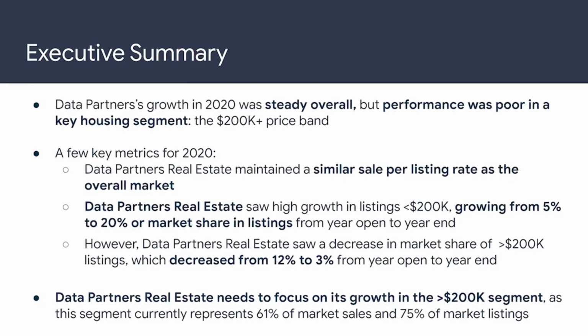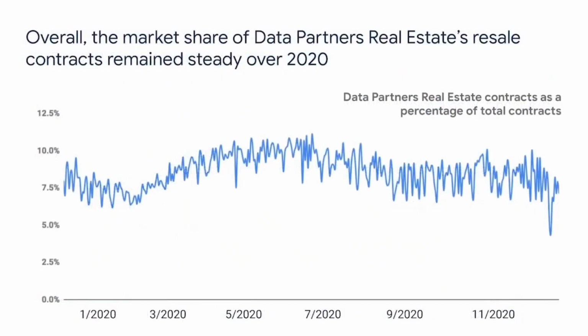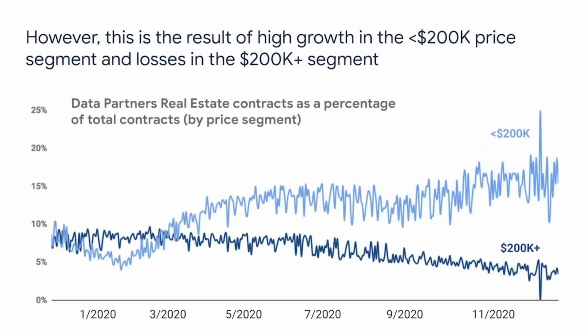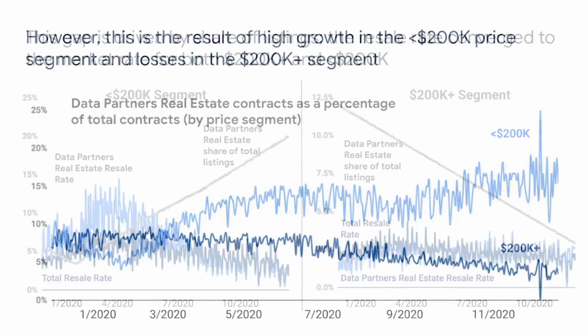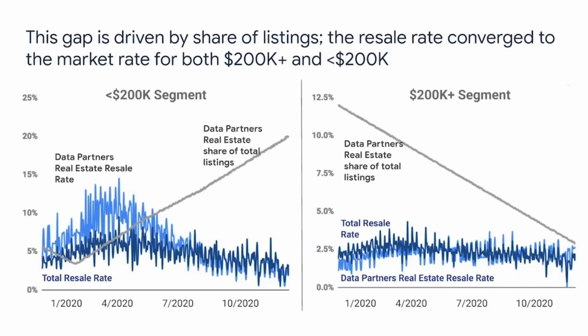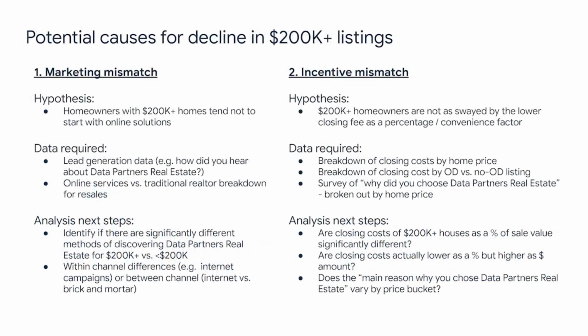And in each slide after this, they use the title to tell their story and explain the steps of their analysis. They state the overall market share of this company's resale contracts has remained steady. And they explain that this is the result of high growth in one area and losses in another. Then, they explain this gap and outline some potential causes.